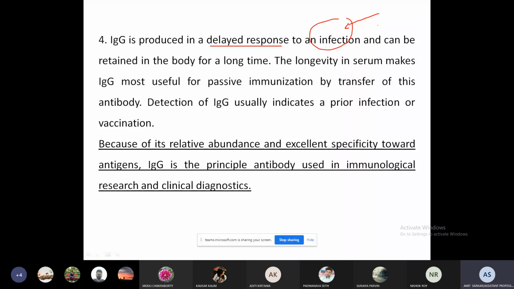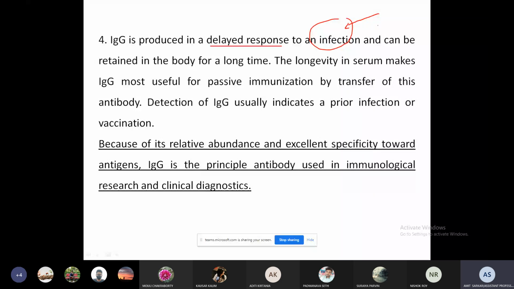Because of its relative abundance and excellent specificity towards the antigen, immunoglobulin G is the principal antibody used in immunological research and diagnostics too. That's why I'm saying that antibody and immunoglobulin G generally become synonymous. That doesn't mean that the 4 other types of antibodies don't have any significance. They have immensely significant, very important jobs to do.